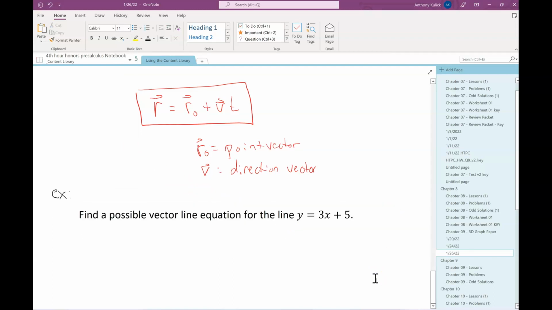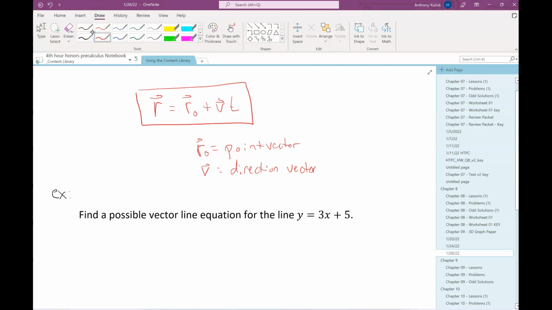So let's say we want to find a possible vector line equation for y equals 3x plus 5. All I need to do here is get a point from that line.